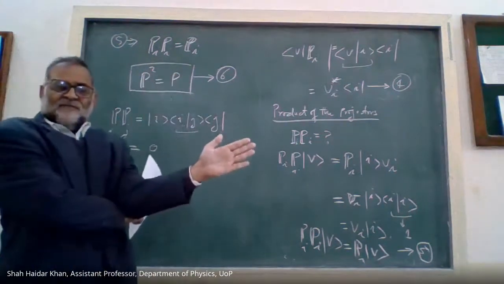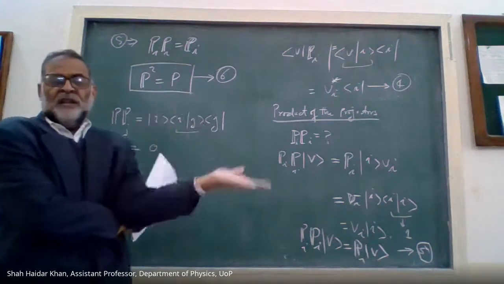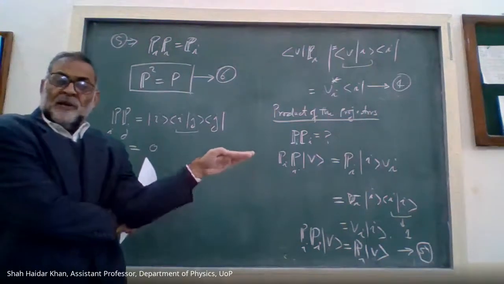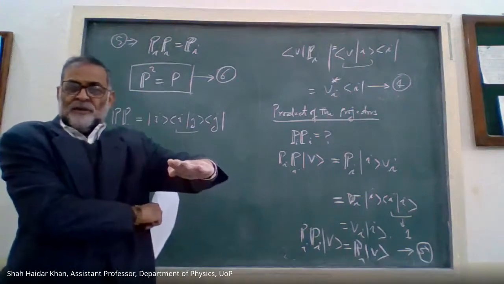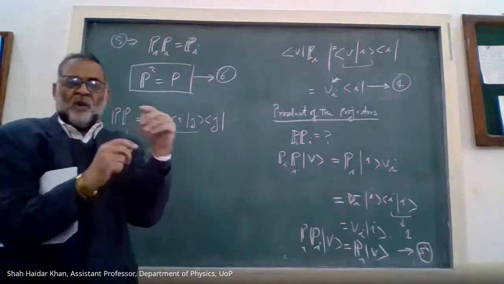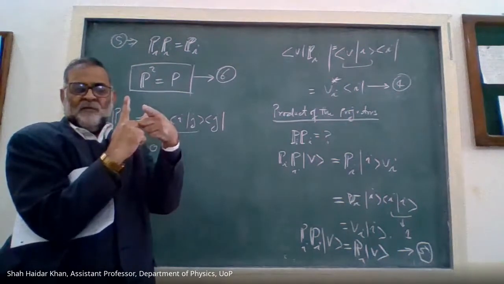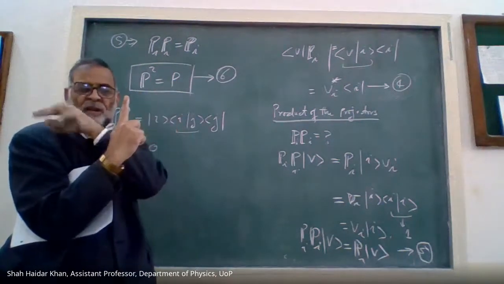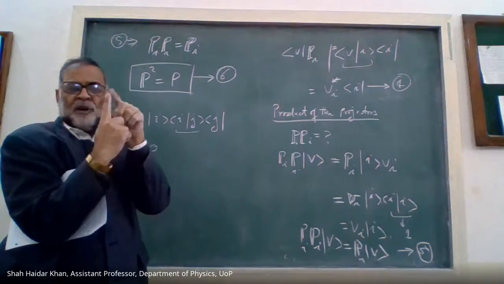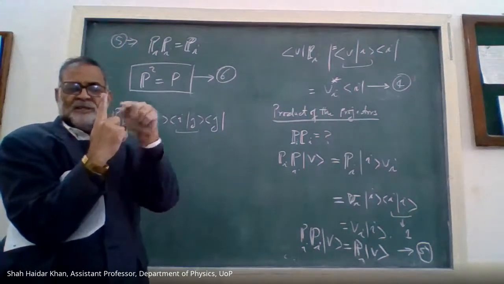Light is falling on a Polaroid, and it allows only light parallel to the easy axis. If you put another Polaroid completely perpendicular to the previous one, then it will block all the light. With two Polaroids whose easy axes are perpendicular to each other, light coming from here is absorbed by the first and only light parallel to this line is allowed, the vibration of the electric field parallel to only this one.